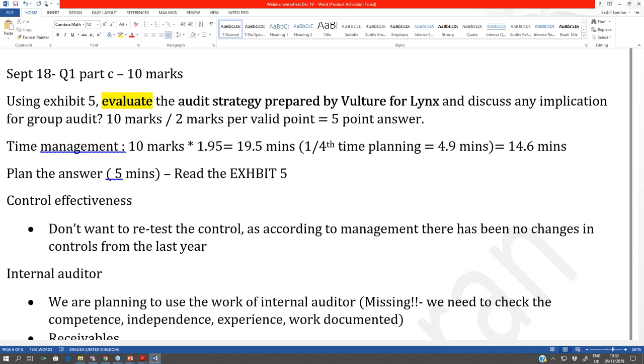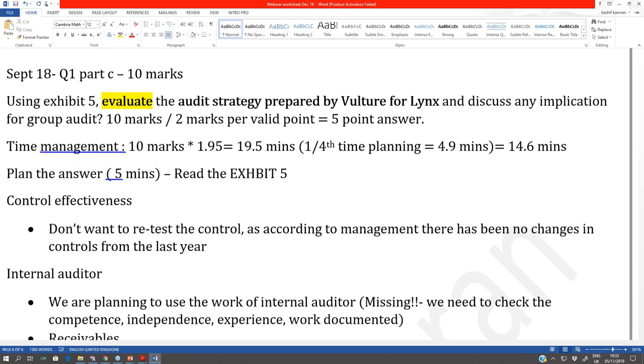So is everyone sound and clear on the way you should be constructing this 10 marks answer? So is everyone clear on the obvious weaknesses and obvious issues you had in the audit strategy document prepared by Vulture? So was Exhibit 5 very productive?